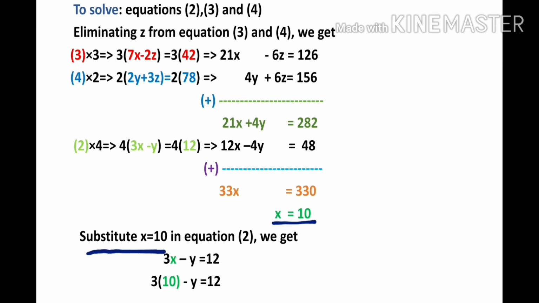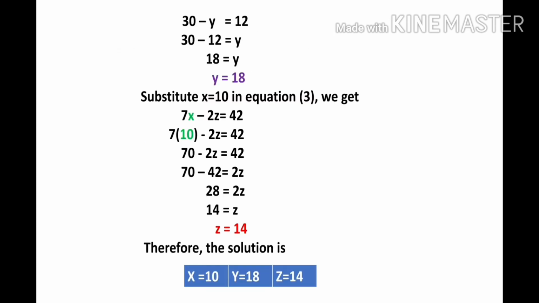Now we have to substitute x is equal to 10 in equation 2. I write the equation once again: 3x minus y is equal to 12. Instead of x I write 10. So 3 into 10 minus y is equal to 12, 30 minus y is equal to 12.